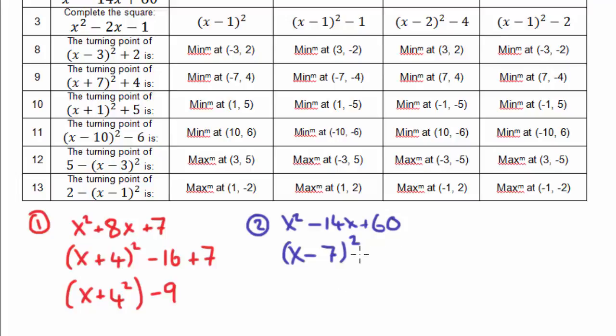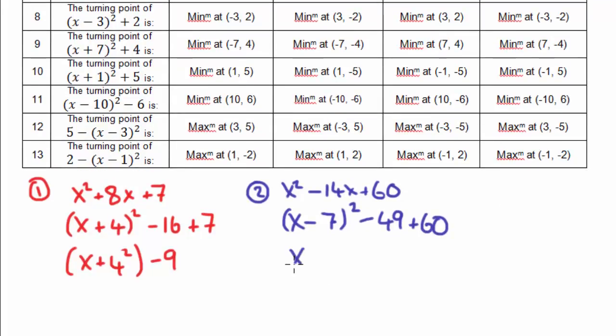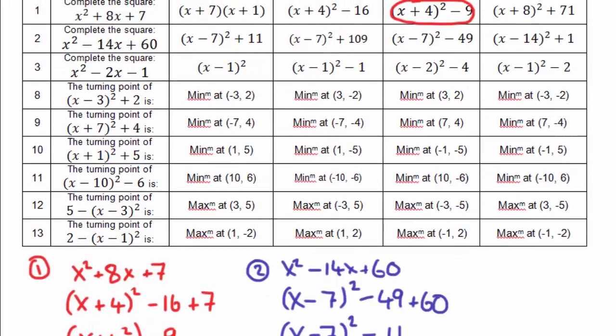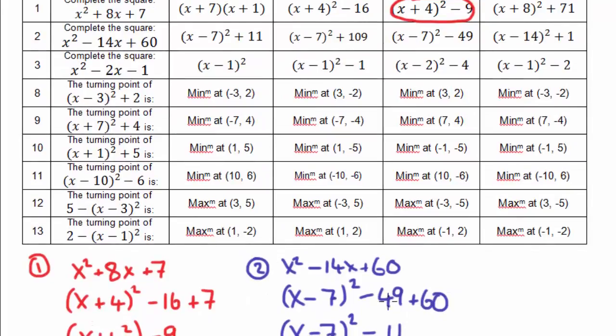So we have to take 49 away, and then add the 60. If we write all this out, minus 49 plus 60 is plus 11. And that is that one there.